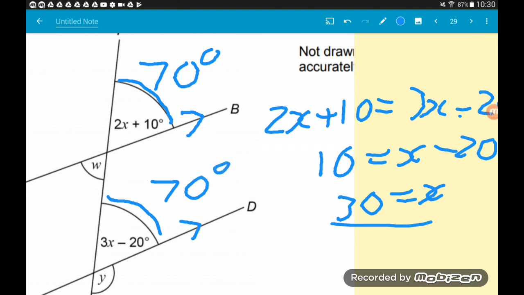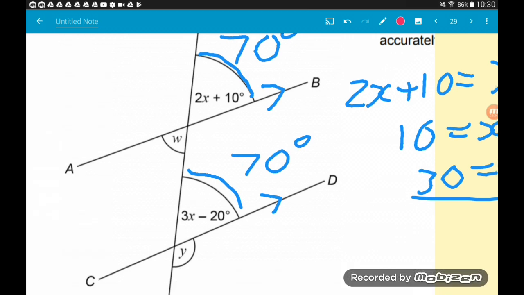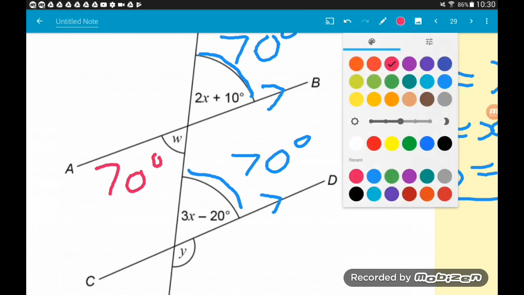Now we can work out the size of angle W. So angle W is vertically opposite to 2x plus 10. Vertically opposite angles are equal, so W is also 70 degrees.